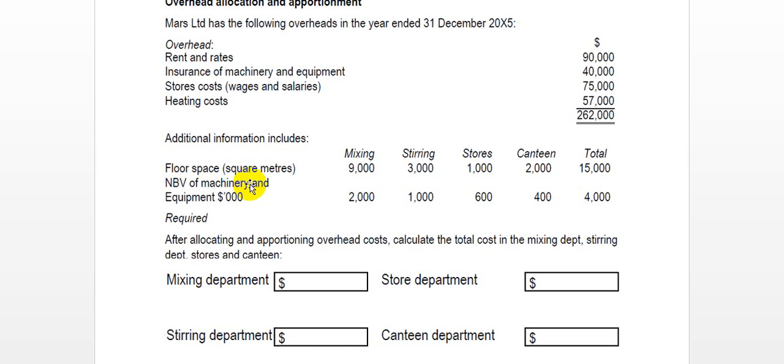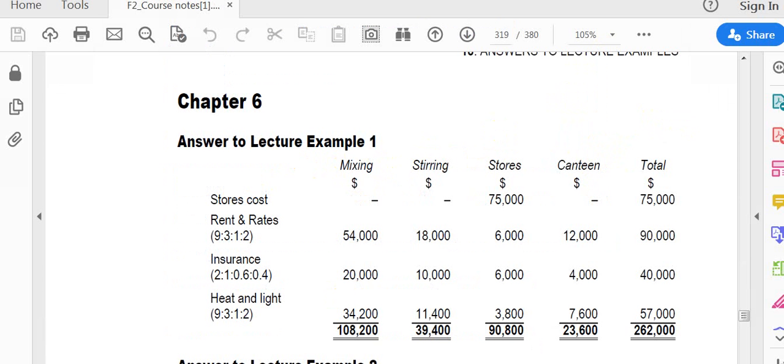So pro rata the 90,000 across: the mixing will get 9,000 divided by the total 15,000 times 90,000, which will give us 54,000.